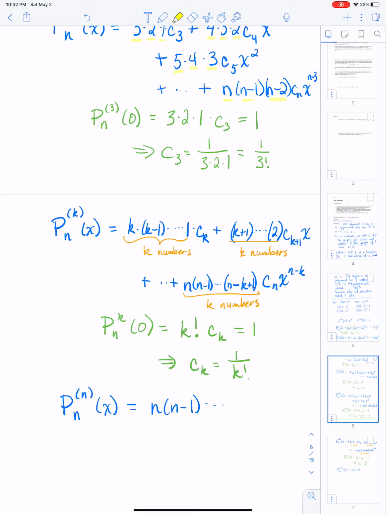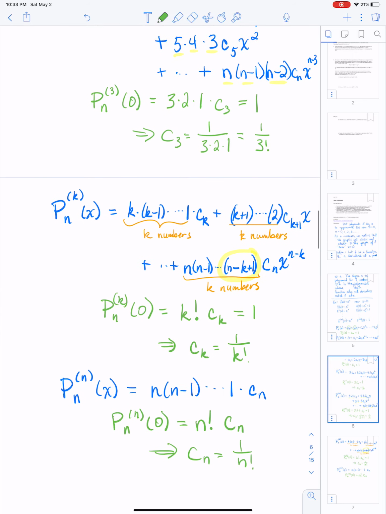So what I'm doing here is I'm just thinking about plugging in n minus n plus 1, so the last term is going to be a 1, times Cn, and of course we've differentiated all the powers of x away, so this is just a constant. So then what we see is that Pn^(n) of 0 is equal to n factorial Cn, and this implies that Cn is equal to 1 over n factorial.